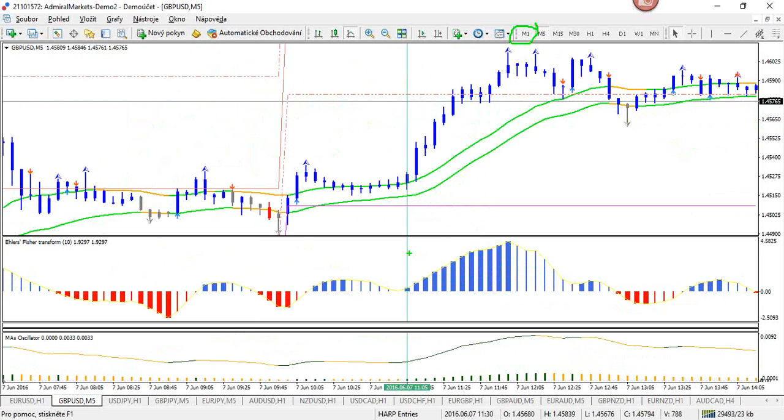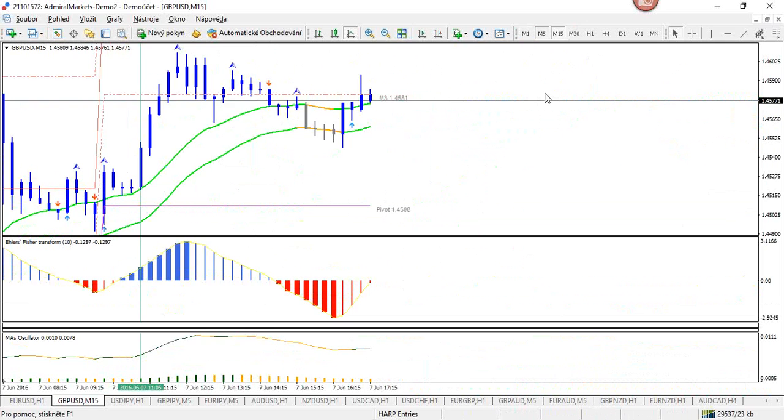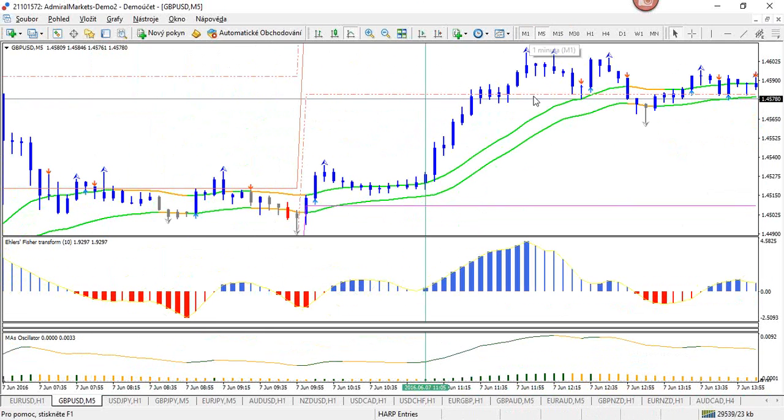So I want to give a bit of warning. I'm not saying that this is ideal to trade, but I think it's worth exploring because I do think the principles should work when you get a good momentum like this. As long as the 15 keeps trending and the 5 at the same time, I think the 1-minute chart should be okay.